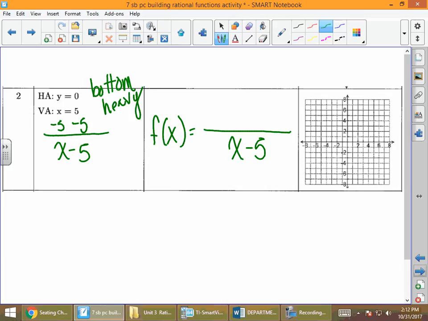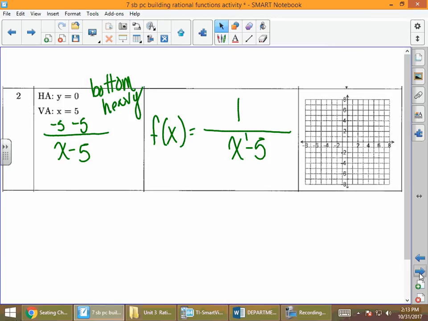Since this is x to the first here in the bottom, we don't need to have a variable in the top to meet that criteria. But it goes back, do you know the rules?